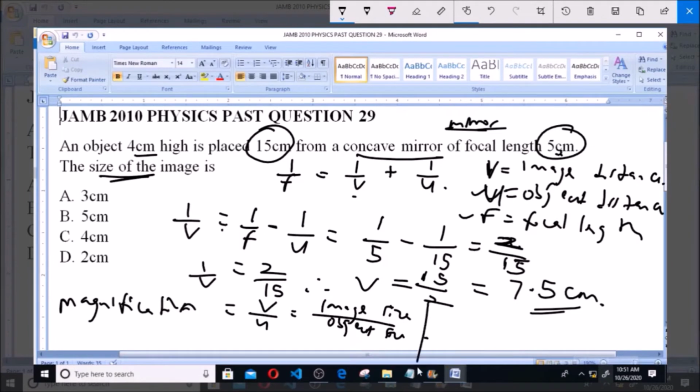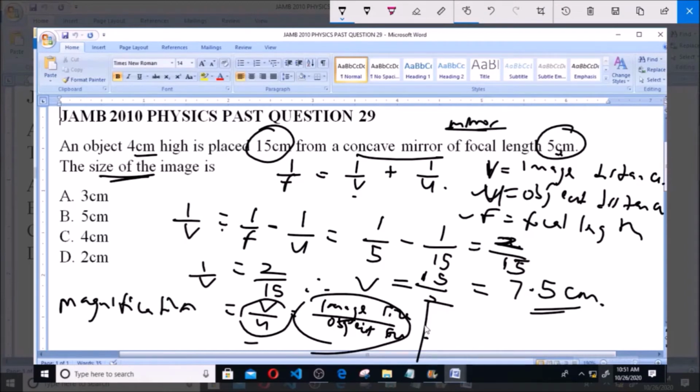Now we have two sets of values to work with. You use the distances, this is equal to this. So like we have established here, the object and image distances, and the object and image size is what you make use of.